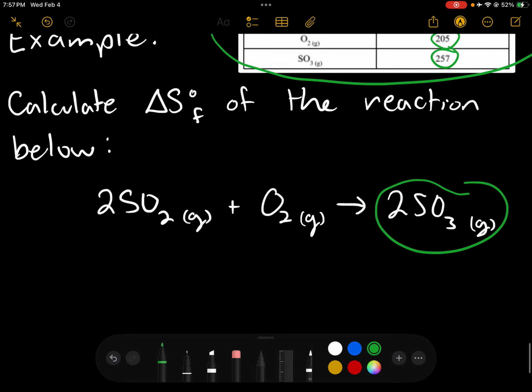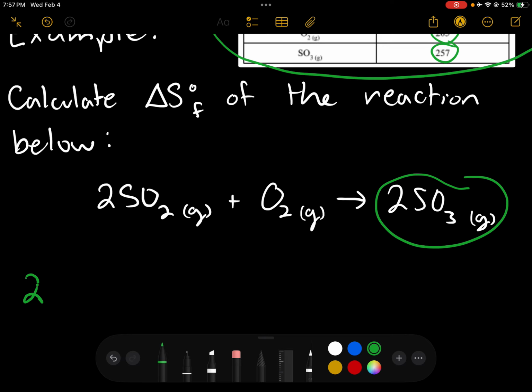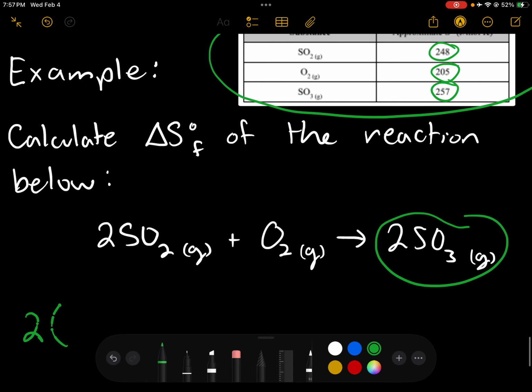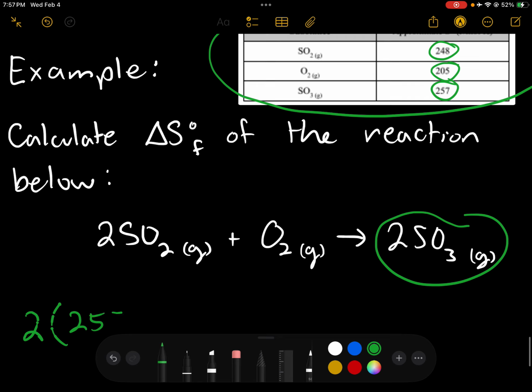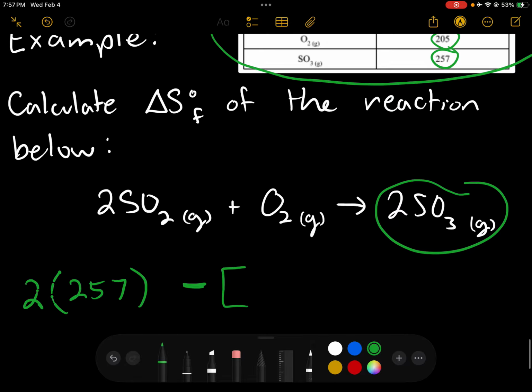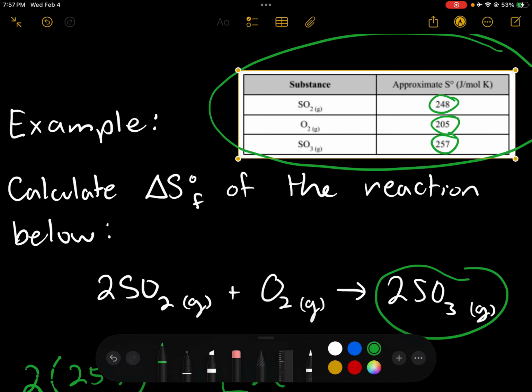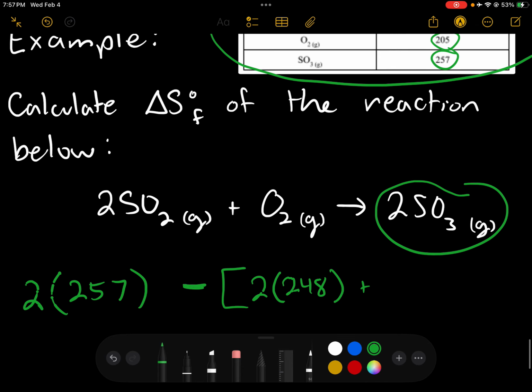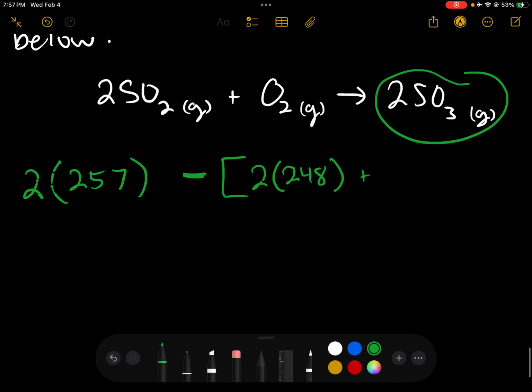This one, we're going to have 2 times whatever our product is, and that's going to be the SO3, so that's 2 times 257. And we're going to subtract out our reactants. Our reactants are going to be 2 times the SO2, and SO2, according to this table, was 248. And then minus our oxygen, which is 205.